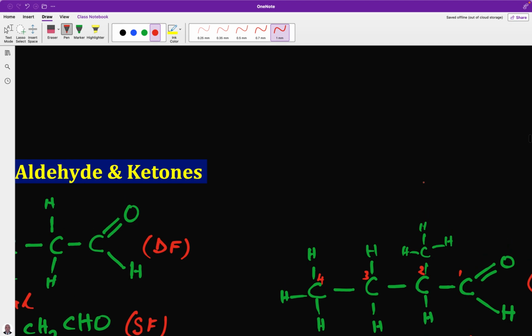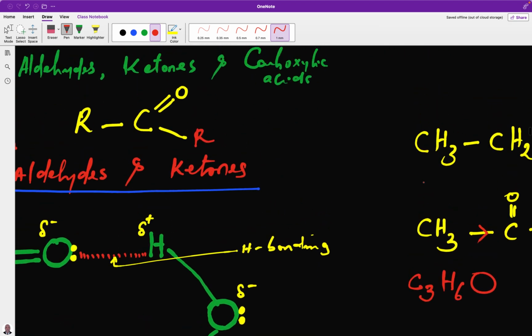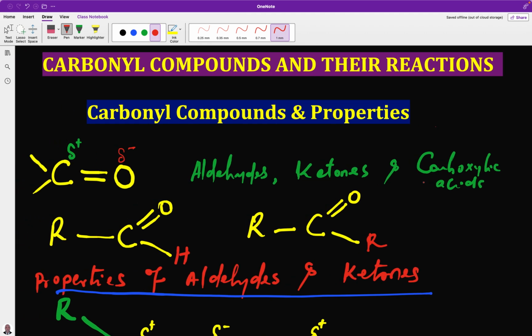So a recap of our lesson today. Carbonyl compounds. A carbonyl compound, this functional group is found in aldehydes, ketones, and the carboxylic acid.